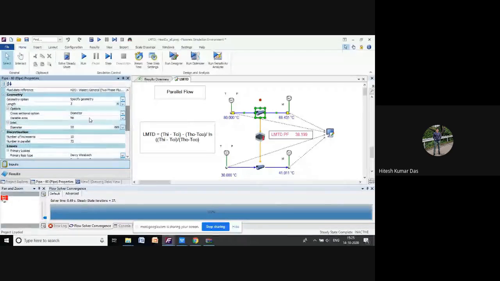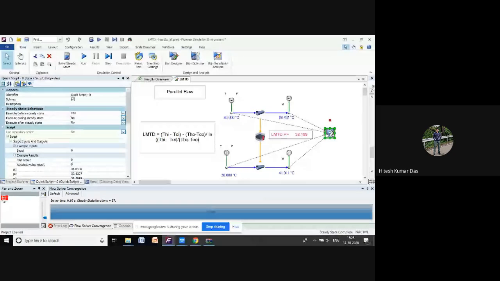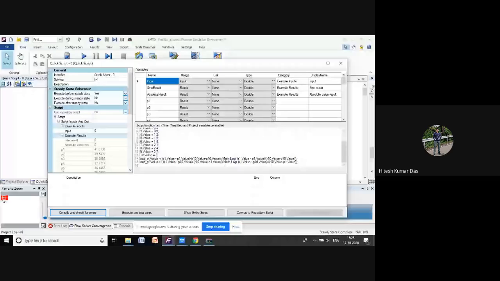We have a length of 3, so it will divide it into 10 equal parts. For calculating LMTD we have assigned a range from 0 to 0.3, going up to 3, meaning the last option is 3.